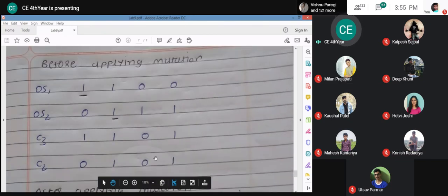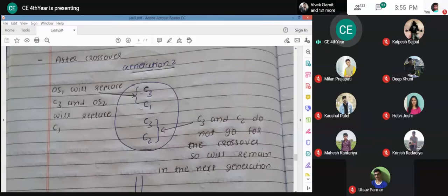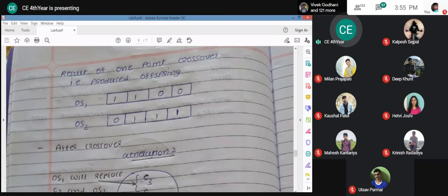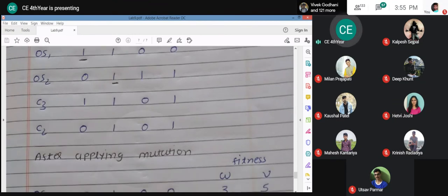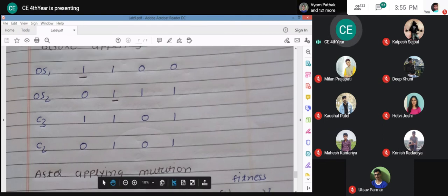Now after the crossover, before mutation, these are the results. OS1 is 1100, OS2 is 0111, C3 is 1101, and C2 is 0101.